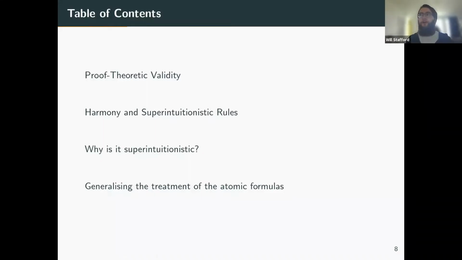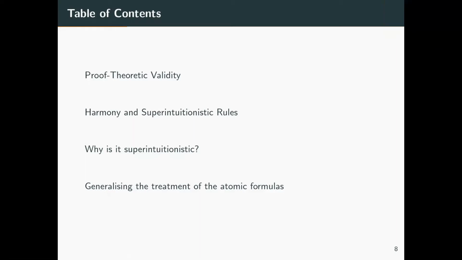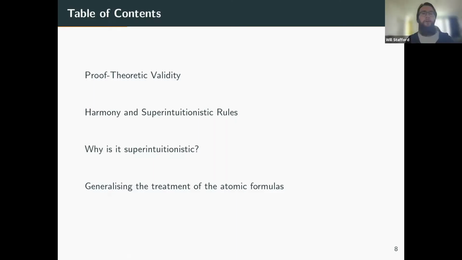What I'm actually going to talk about: first I'm going to introduce proof-theoretic validity, and I'm going to get frustrated that I can't draw diagrams for you. Then I'm going to talk about why we might be worried that this turns out not to be intuitionistic logic, independent of our opinion of the status of intuitionistic logic.